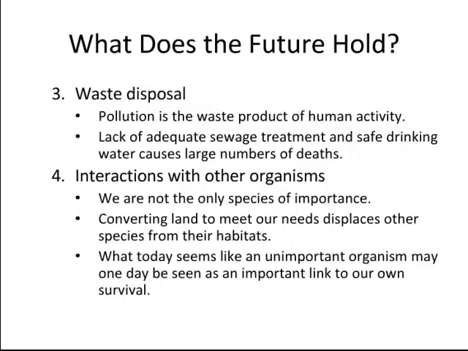And the last one is interaction with other organisms. Remember that biodiversity is incredibly important for the stability of the planet. If we want to maintain a society for the long term, then we have to have a lot of genes that we can use.